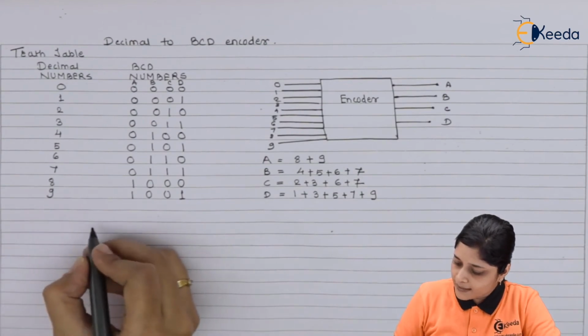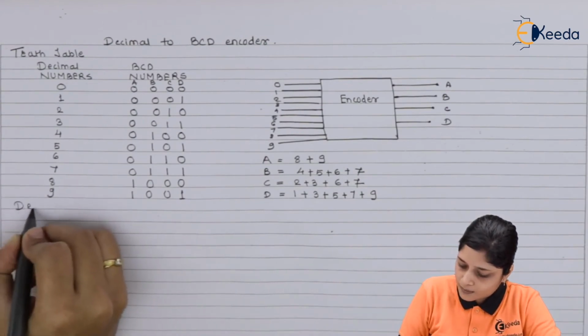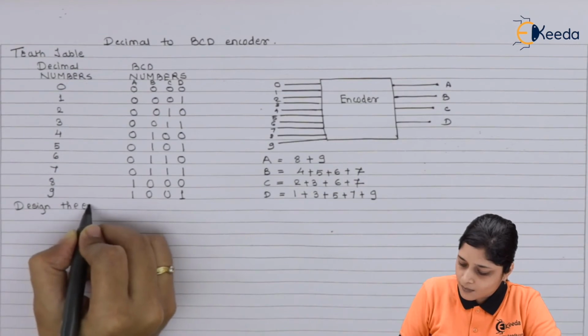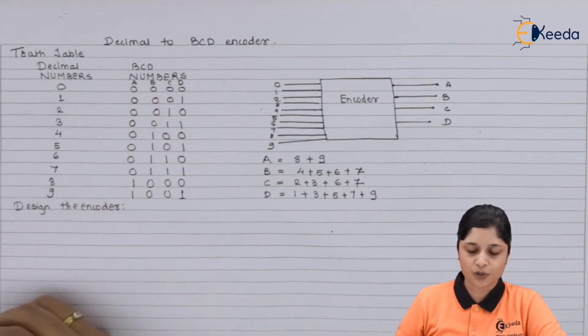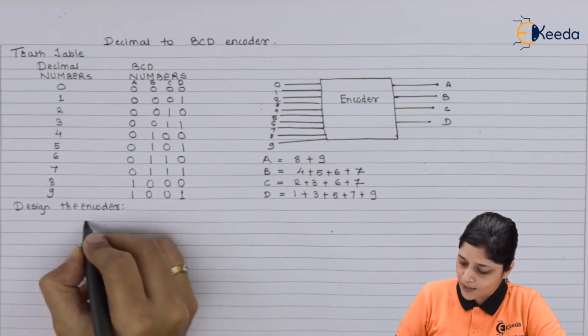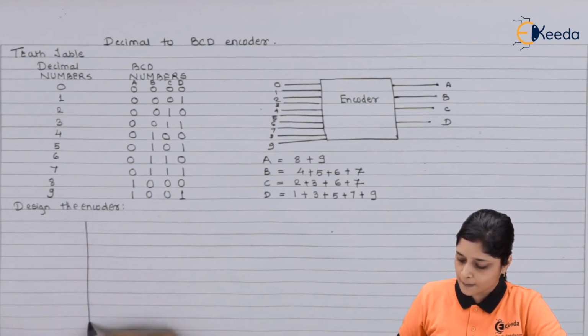Now we will design the encoder. We have decimal numbers 0 to 9 at the input side. So we will have all these decimal numbers like this.